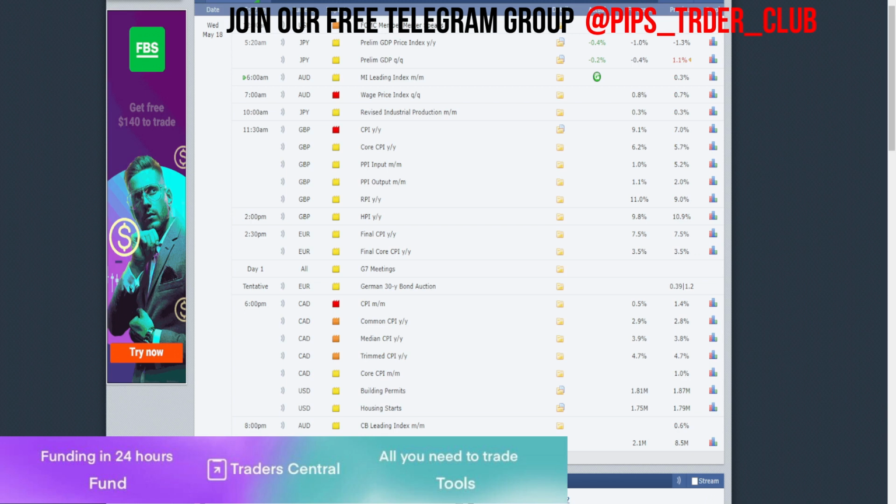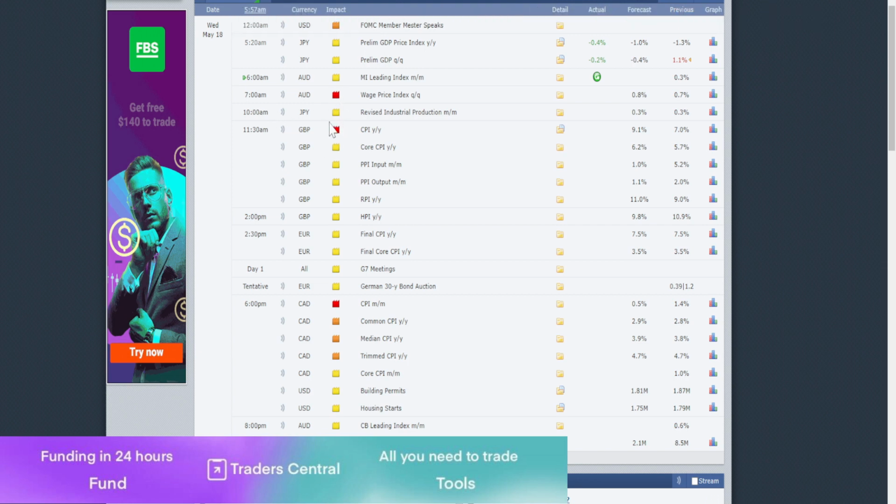Let us look at the economic calendar for today. Today is May 18th, Wednesday, and when we look at the economic calendar, we have high impacting news for Australian dollar at 7 a.m. Then at 11:30 a.m. we have high impacting news for British pound.